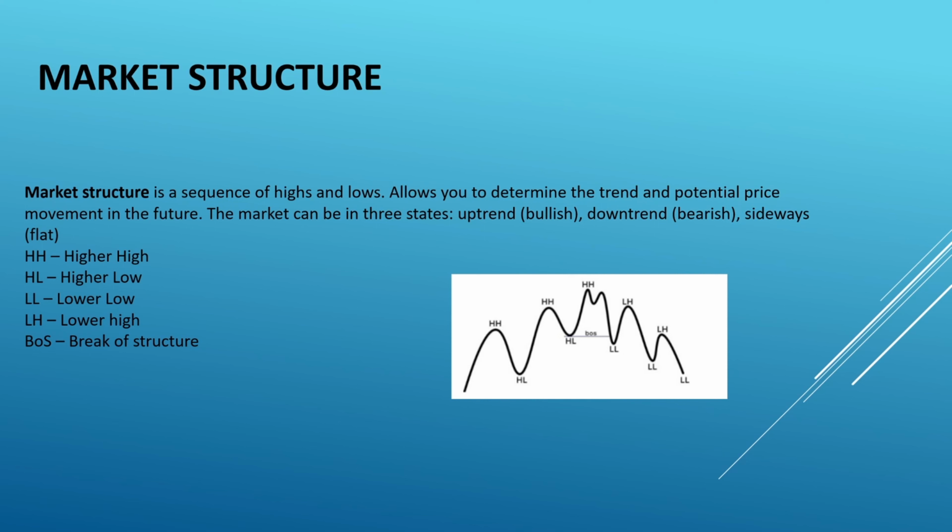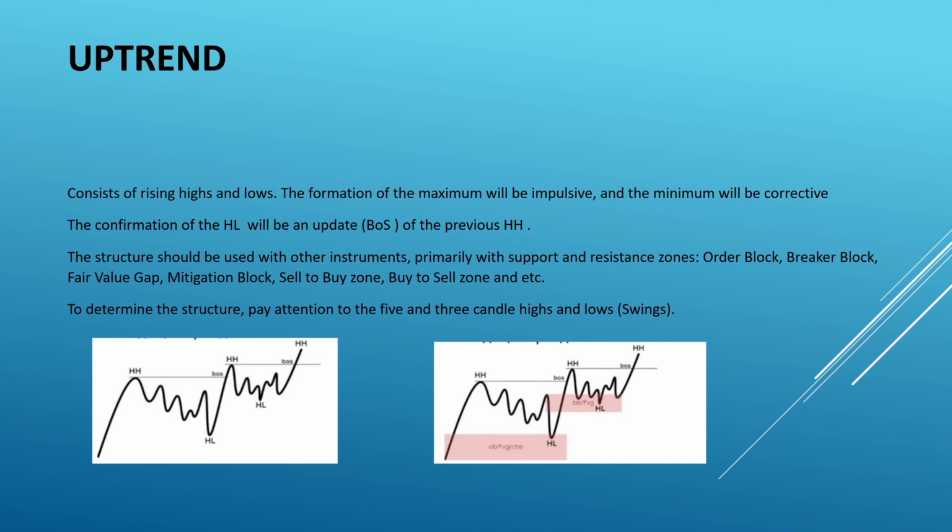We have a higher high, higher low, lower low, lower high, and also a break of market structure. You can see examples in this picture. Uptrend consists of rising highs and lows. The formation of the maximum will be impulsive and the minimum will be corrective.